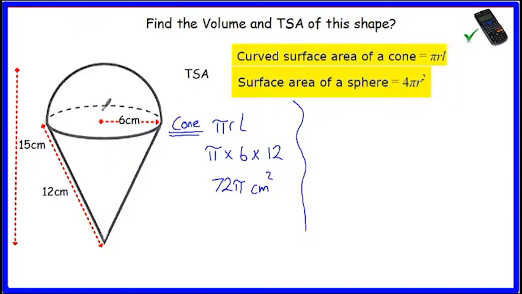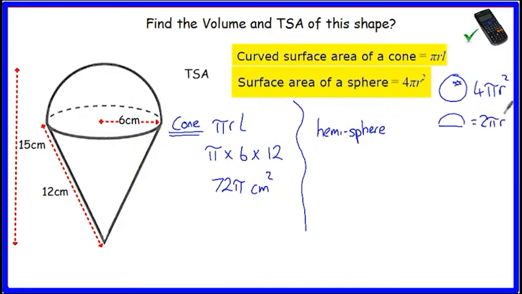The hemisphere. The full sphere, and this is an easy way to do it, is 4 pi r squared. So a half for one must be 2 pi r squared. I think most people would be comfortable with that. That's going to be 4 multiplied by pi, multiplied by 6 squared, and then divided by 2.